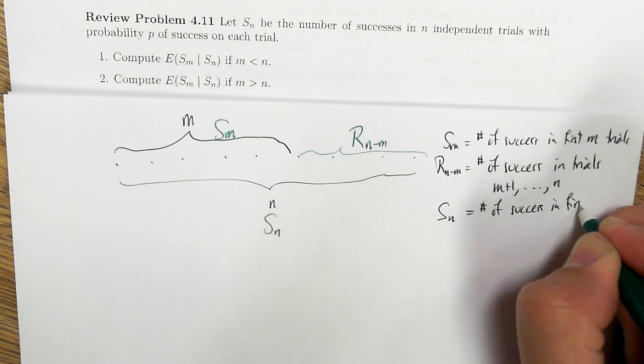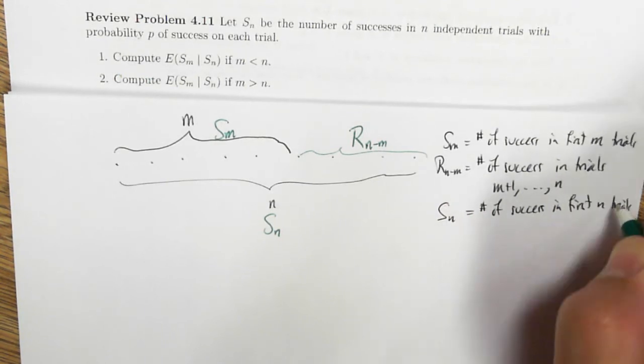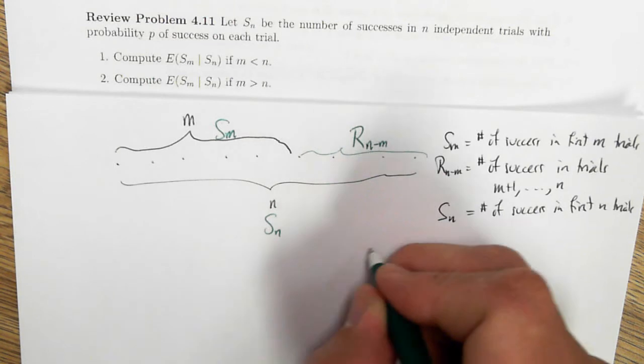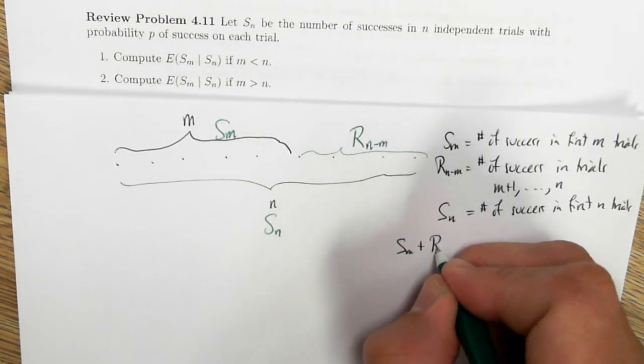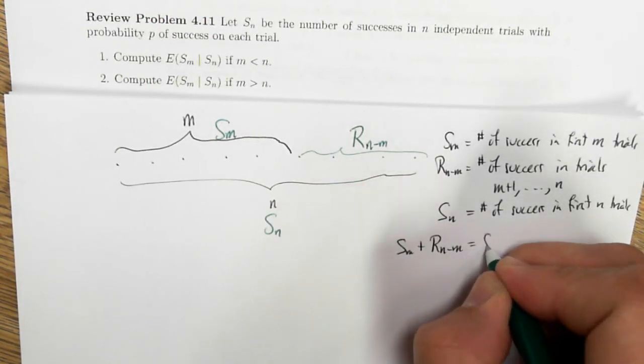Clearly, the way that I've rigged this, S sub m plus R sub n minus m is equal to S sub n.